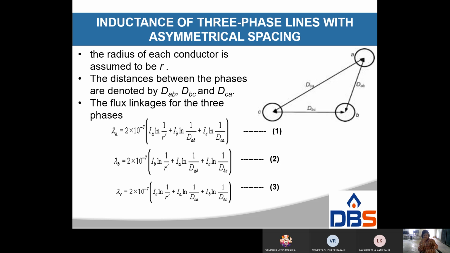Suppose in one section the order is A, B, C, in another B, A, C, in another C, A, B. We have to interchange the conductors along the transmission line so that we get equidistance or equal inductance. Exchanging the position of every conductor over equal distances is known as transposition.